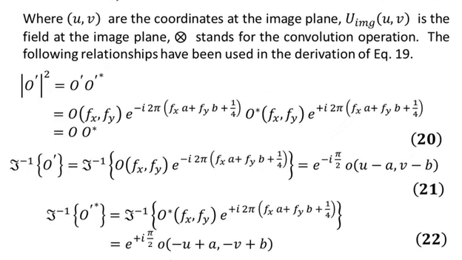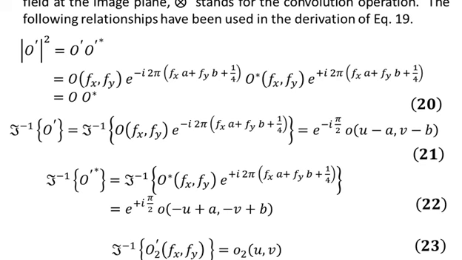And similarly, we have represented the inverse Fourier transform of O prime as the inverse operator operating on its substitution, which is O as a function of fx comma fy multiplied by e to the power minus iota 2 pi, within the parenthesis we have fx into a plus fy into b plus 1 over 4. And then we have used the inverse operator on this one, and we have obtained these terms over here.